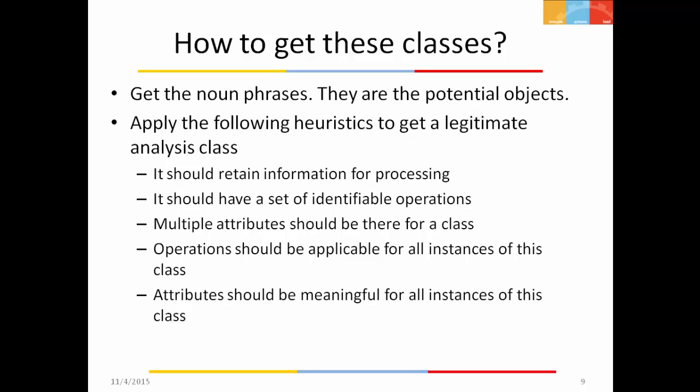Again, the attributes that you define for an analysis class must be meaningful for all instances. It can't be partially meaningful. It shouldn't be the case that for only a few instances these attributes are meaningful, but in other instances they are not. Then these attributes are not good. You haven't captured them well, or even the analysis class is not good.